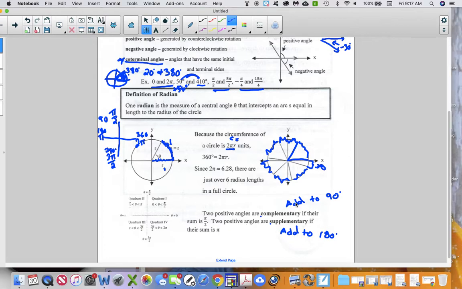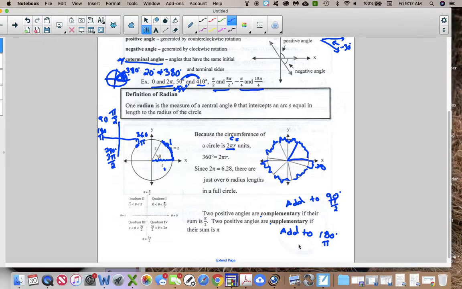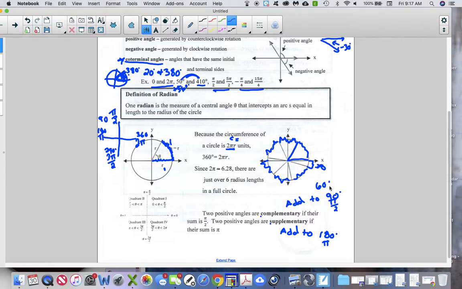Now, instead of calling it 90 degrees, we're going to give it the radian term of that. So 90 is equivalent to pi over 2, and 180 is equivalent to pi. So let's say I'm dealing with 60 degrees, okay? If I have 60 degrees and I want to know what its complement is to make 90, it would be 30 degrees, okay?